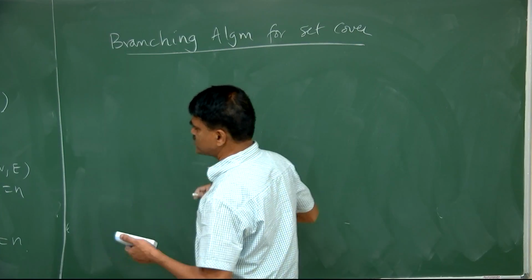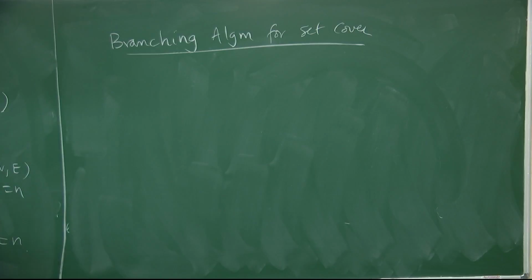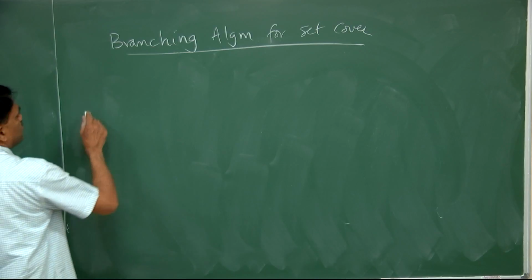So before that, let's do some simple pre-processing. Like for vertex cover, we said delete isolated vertices kind of things, right? So suppose some element appears in only one set. What can you do?